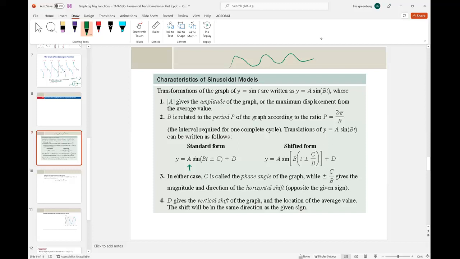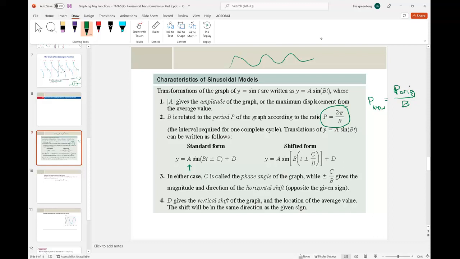And again, B is related to the period of the graph. We said that the period is equal to 2 pi over B. But now we've added, this is true for sinusoidal graphs. But remember, I gave you kind of a new way to say this, is that the new period is equal to the original period over B. Because for tangent and cotangent, my original period is not 2 pi, it's pi.